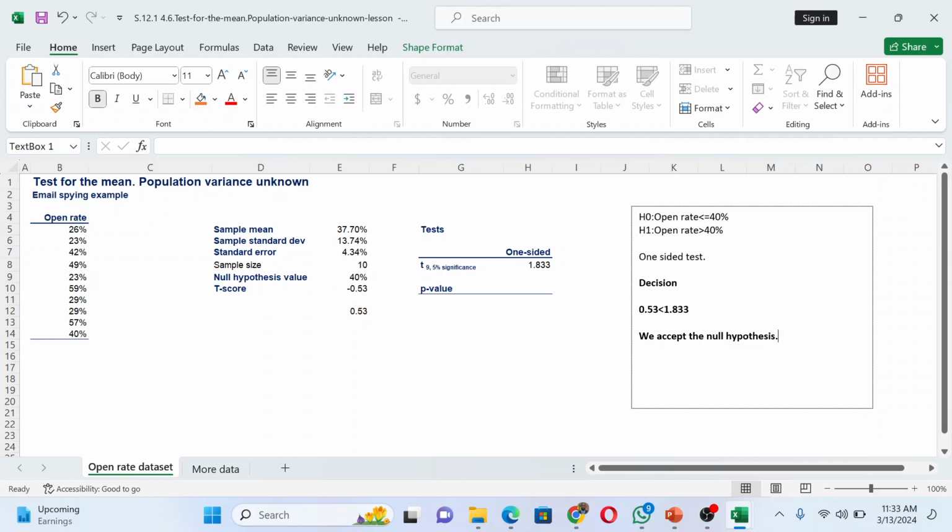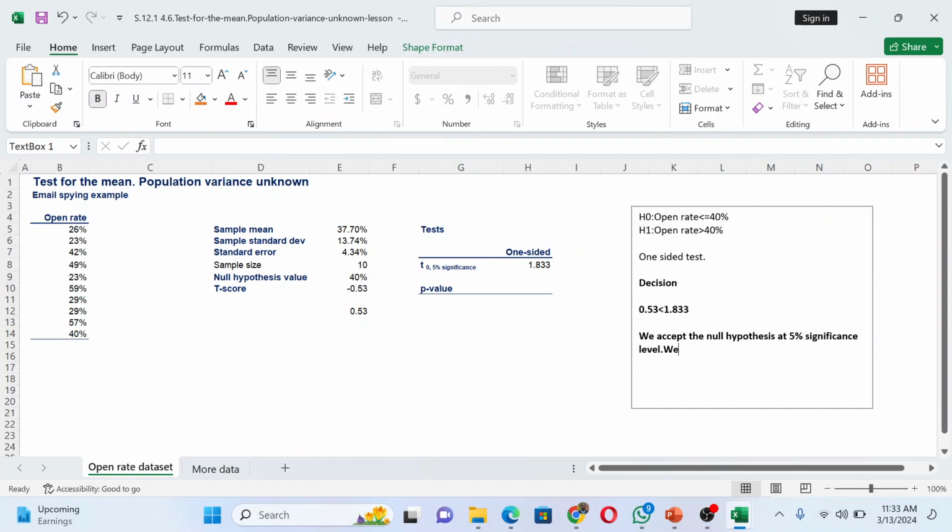So the conclusion we can make is that we accept the null hypothesis at 5% significance level, right?